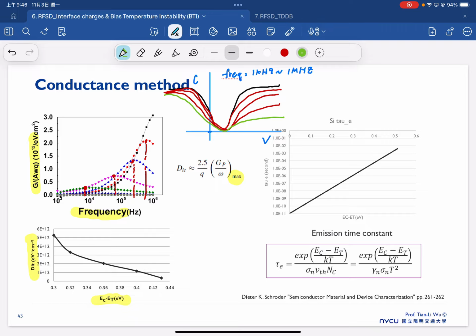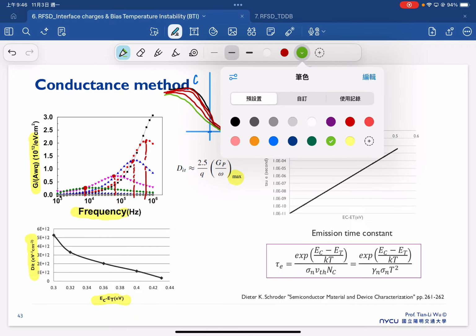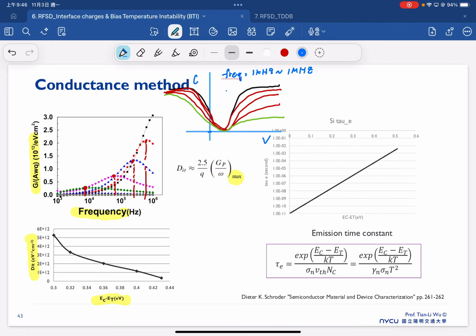Something like this one. That's one of the typical cases, not the universal case, but one of the possibilities. Once we go to higher frequency, then you will see there's a distortion. We call this the frequency dispersion, or the CV dispersion.